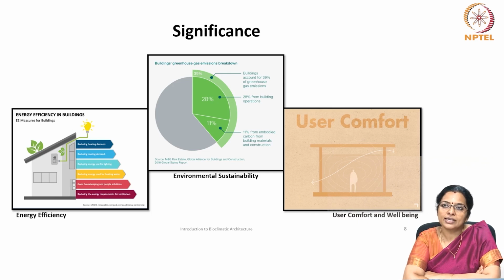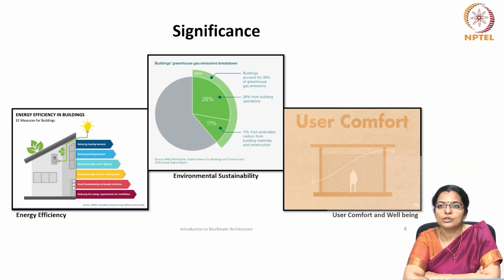This reduces the reliance on artificial heating, ventilation and air conditioning, which is HVAC systems, leading to lower energy consumption and operational cost. The second important thing about bioclimatic architecture is the environmental sustainability.